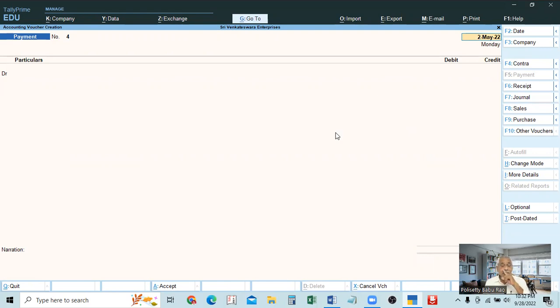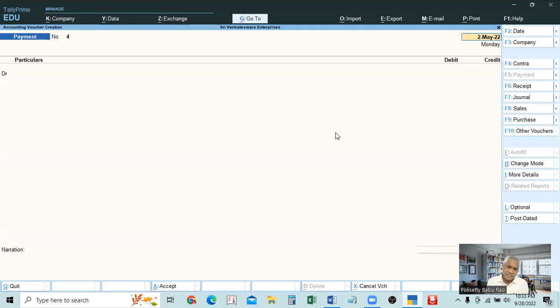But remember, when you are entering in the payment voucher, you should not enter all the payments. We have to enter cash or bank, but one payment you should not enter, that is cash purchases, the purchase of goods for cash. If you purchase goods for cash, it is a payment only, but it should not be entered in the payment voucher, because there is a separate voucher for purchases.